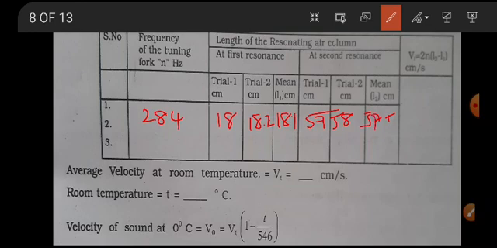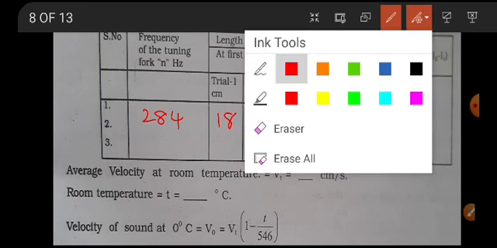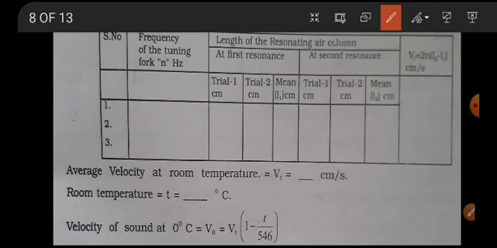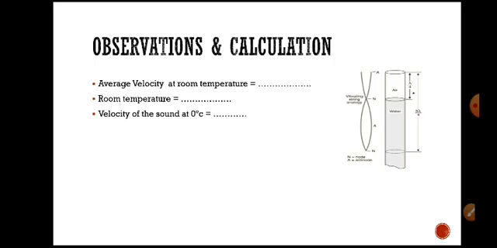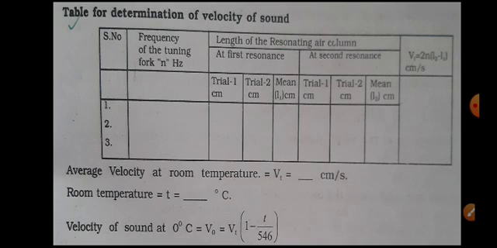Now you can calculate this Vt using 2 into n. So you have to tabulate all the readings: trial 1 and trial 2 and the mean of L1, the first resonance, and the second resonance.